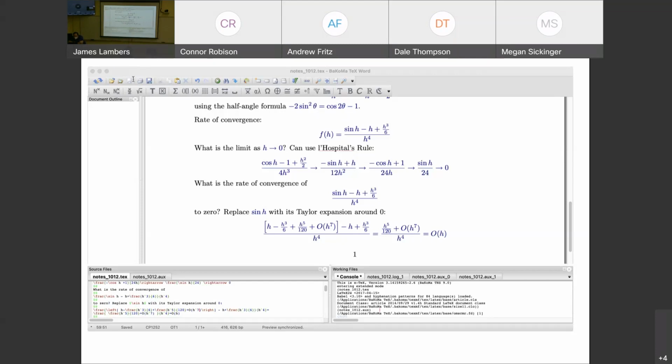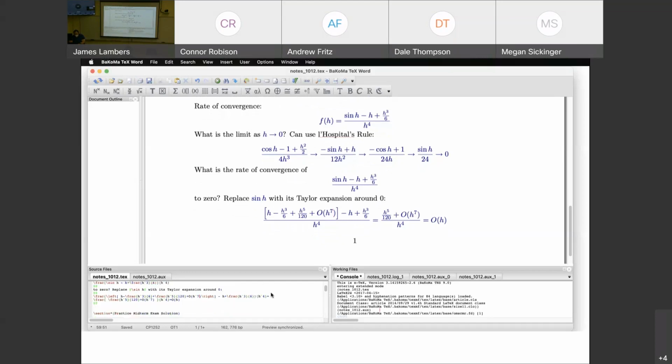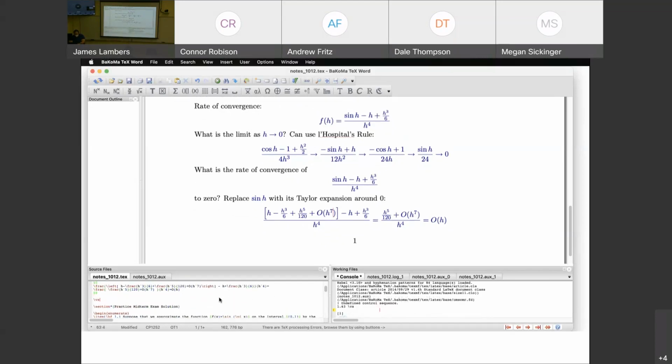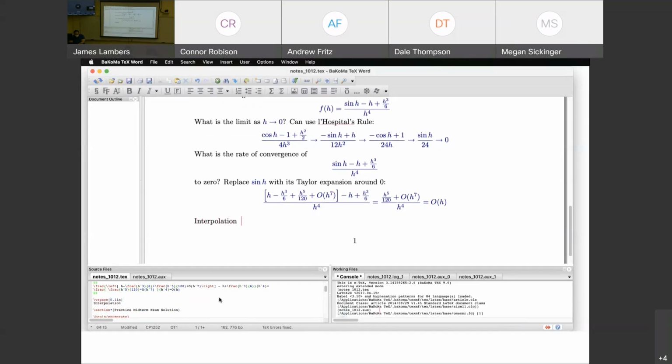All right, so you need to come up with a function.